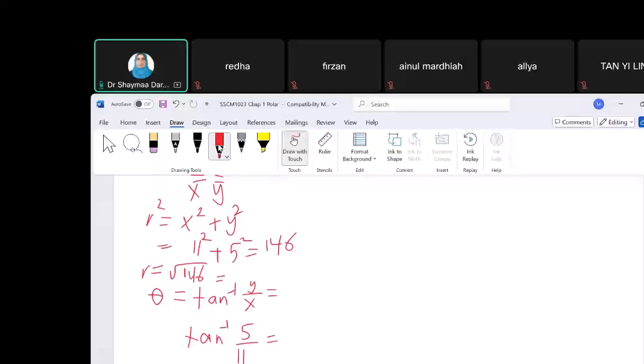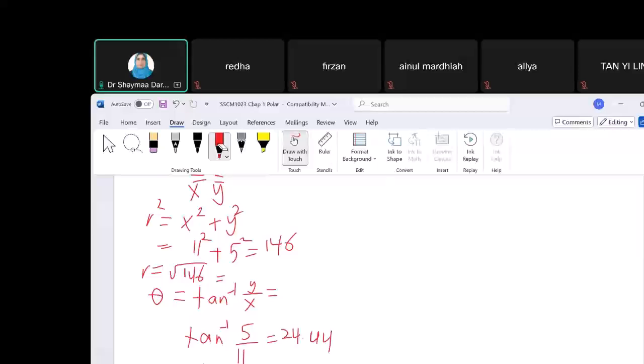Tan inverse 5 over 11 is 24.44. So the point is r is the square root of 146, which should be 12 something, and theta is 24.44.